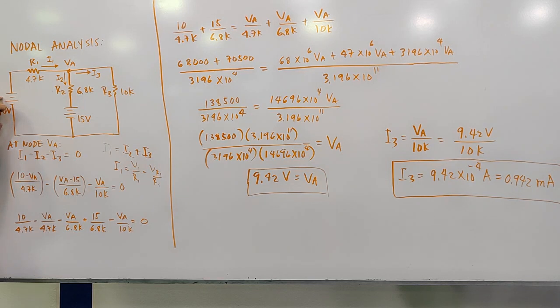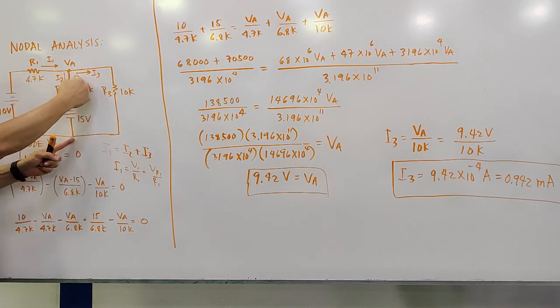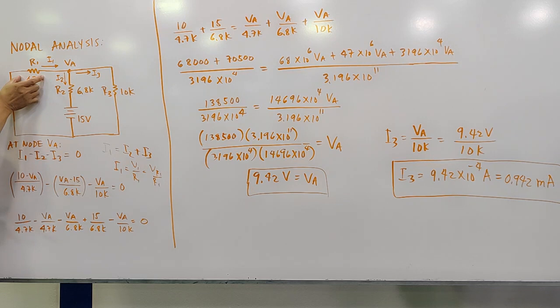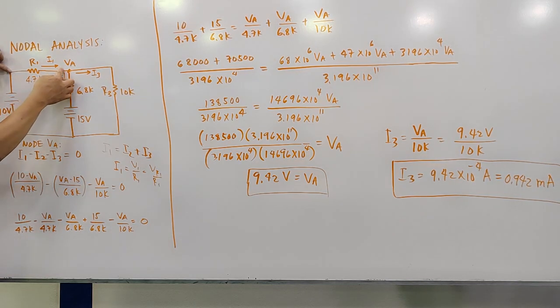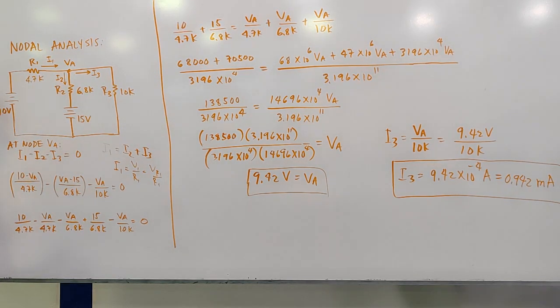We have a source. If we imagine a loop here, by Kirchhoff's voltage law, the voltage here minus this voltage should be equal to this voltage, because it's in series. Applying KVL, the voltage here will be the voltage minus this voltage, which should equal this voltage, or the sum equals zero.